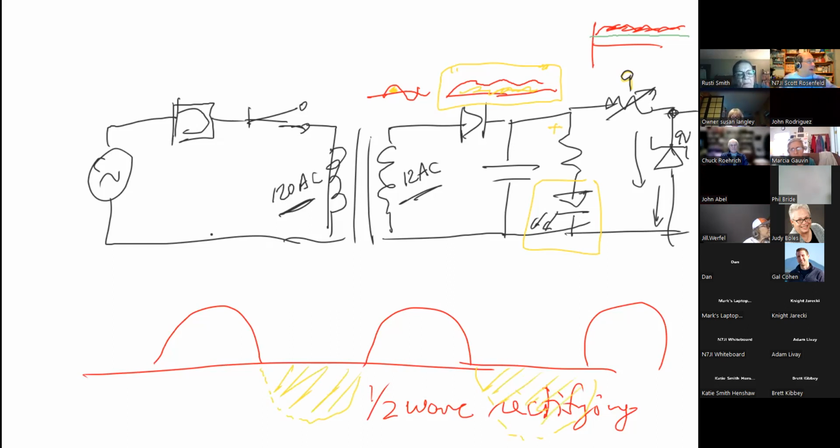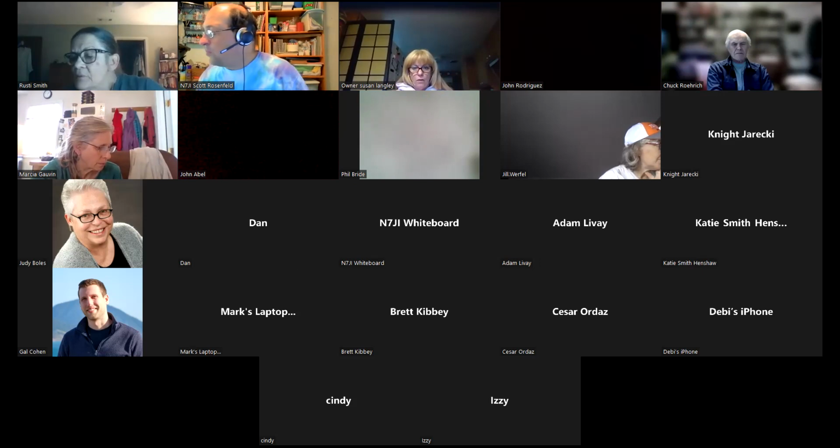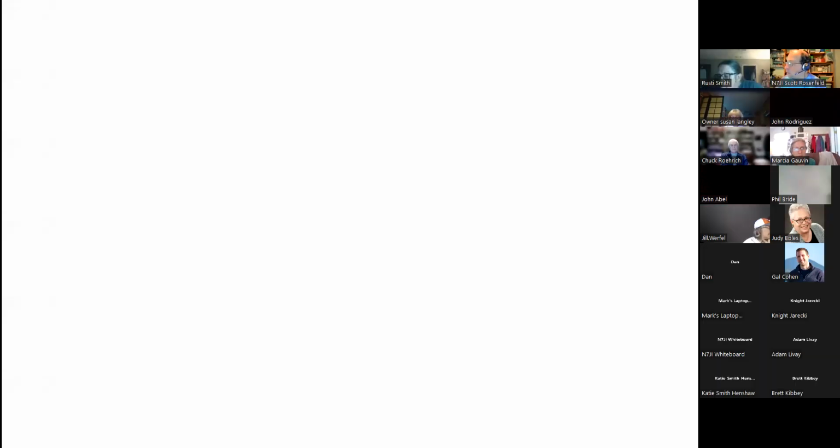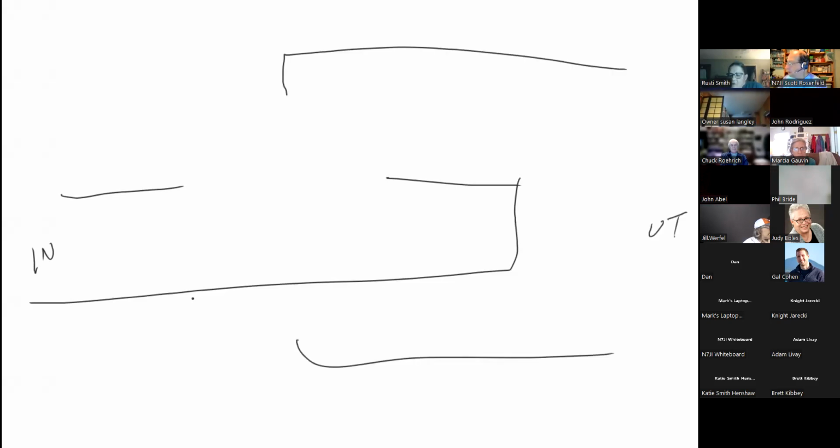So we could actually build a power supply that instead of being half-wave rectifying was full-wave rectifying, except that instead of a single diode, we would basically have something that looks like this. So here's our input, and here's our output, right there.